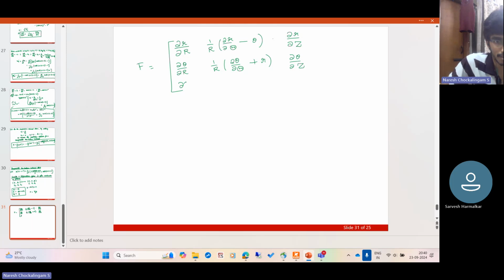It is dou small z by dou capital R, 1 by capital R, dou small z by dou theta, and then we have dou small z by dou capital Z.